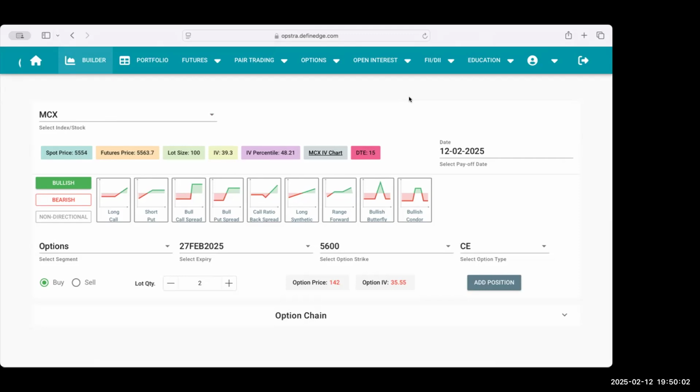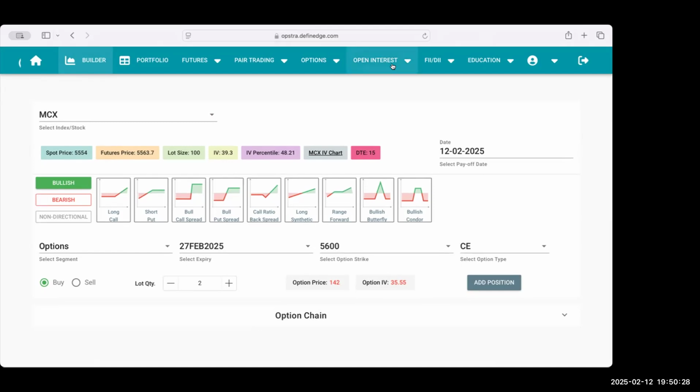I sent one screenshot in our group. See, people on both sides are sitting. That is why there is no momentum. So don't worry, don't go to commodity now. Commodity is a different subject altogether. Maybe after one more month, we might go to commodity.